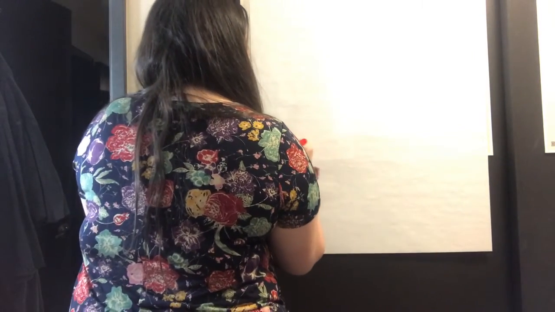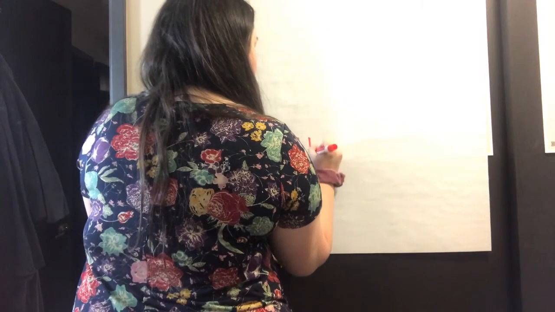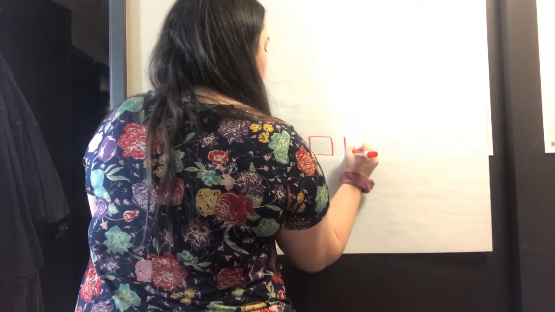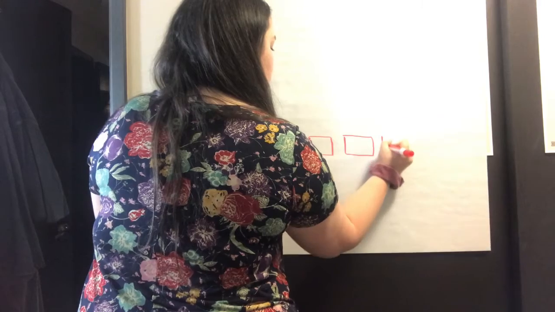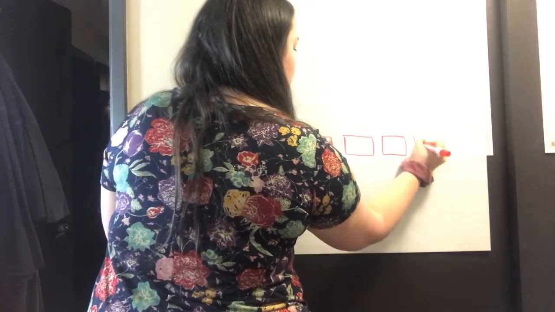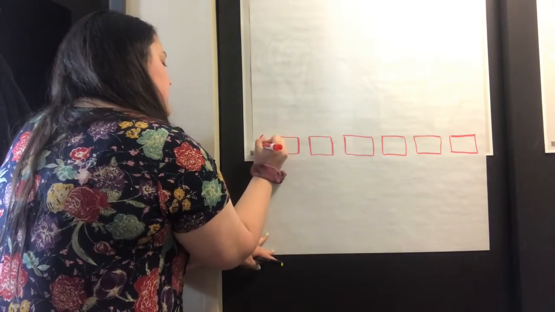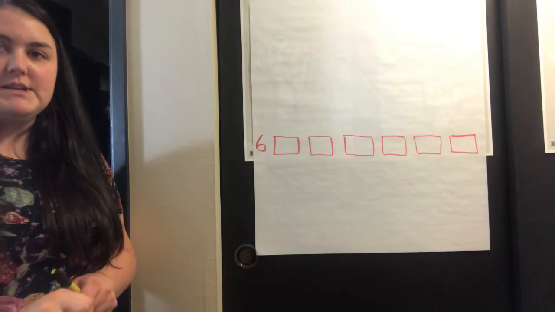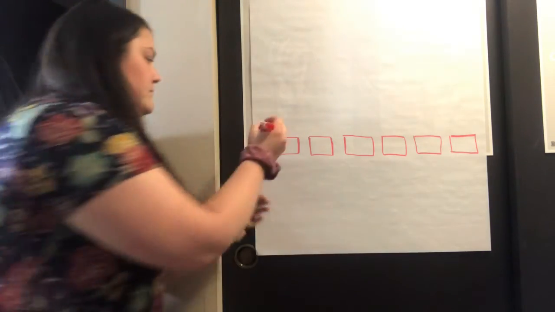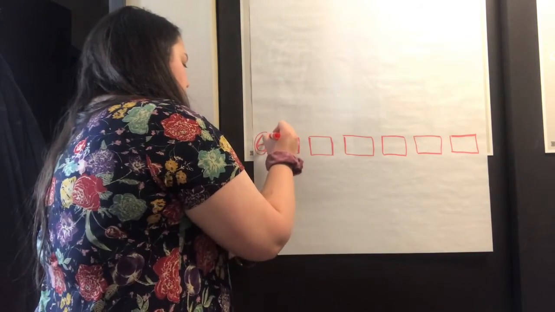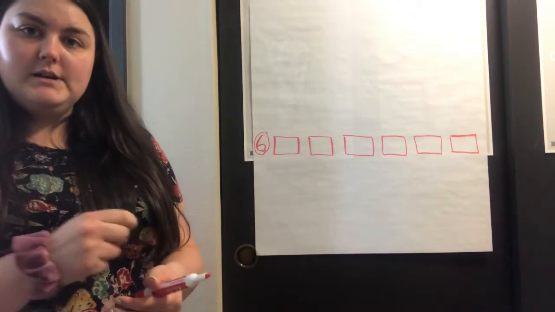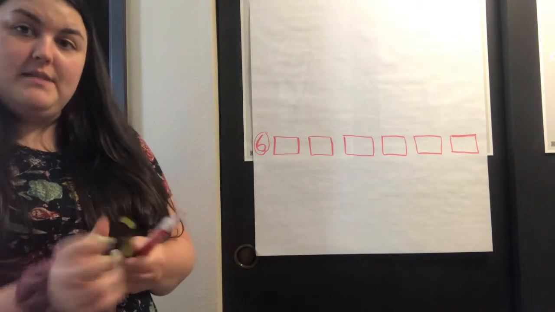There were 6 red squares in the bottom row. How many yellow squares were in the row after that?